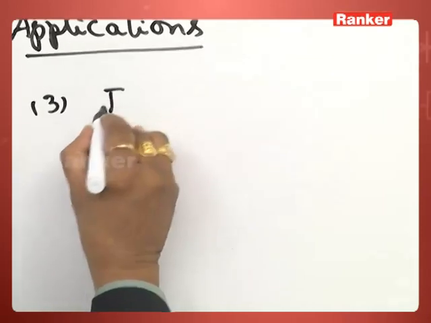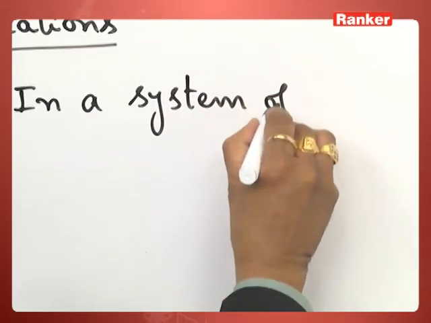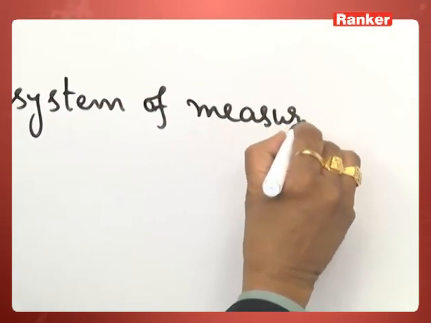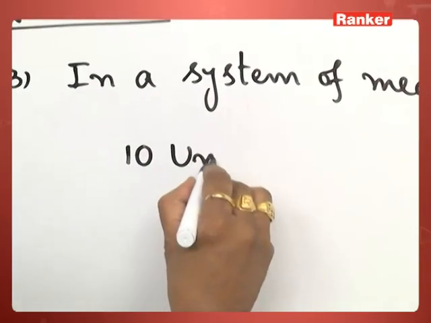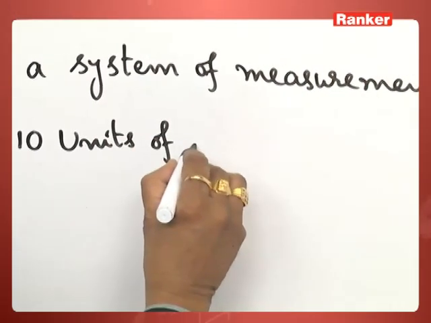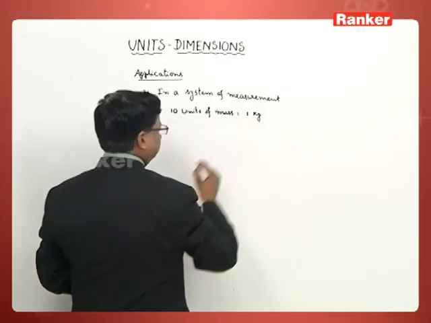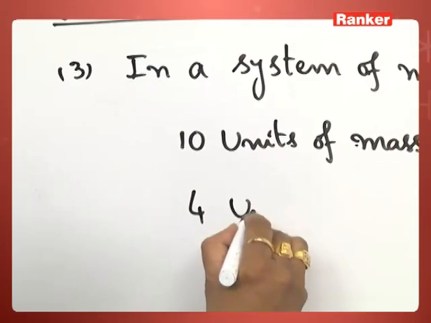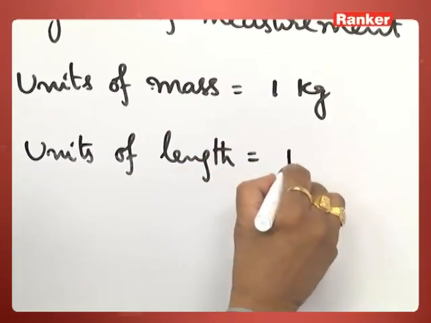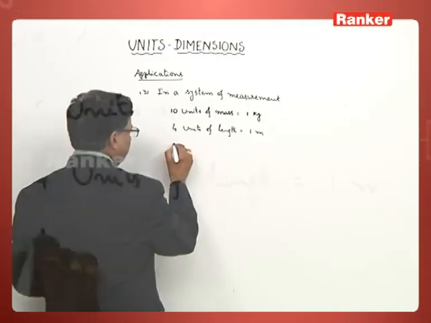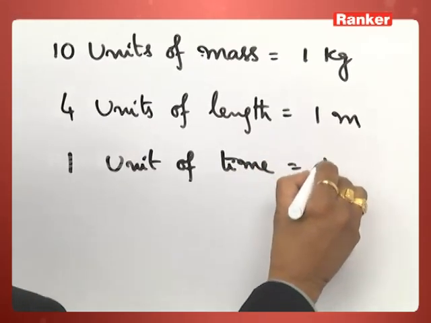He says, in a system of measurement, 10 units of mass is given as 1 kg. 4 units of length is given as a meter. 1 unit of time is given as 1 second.